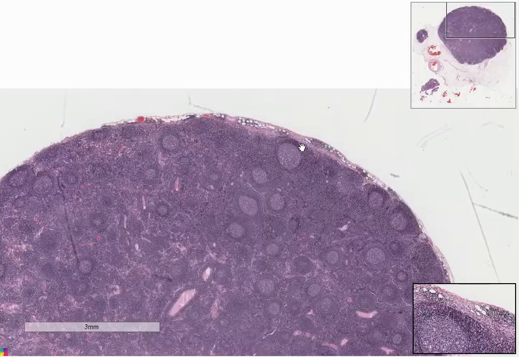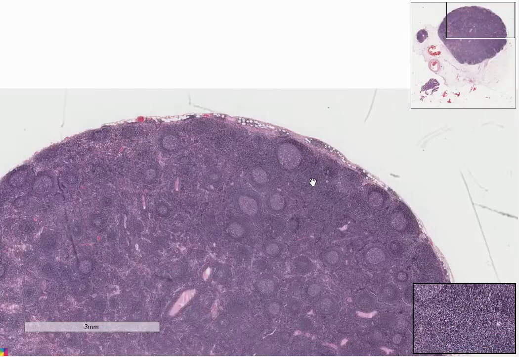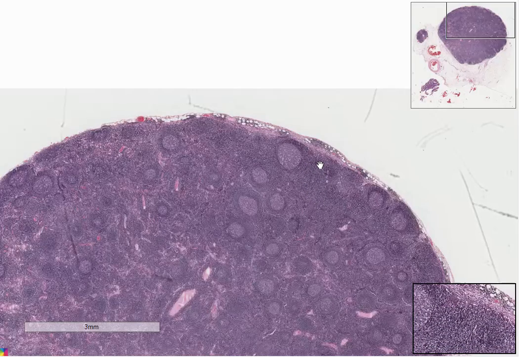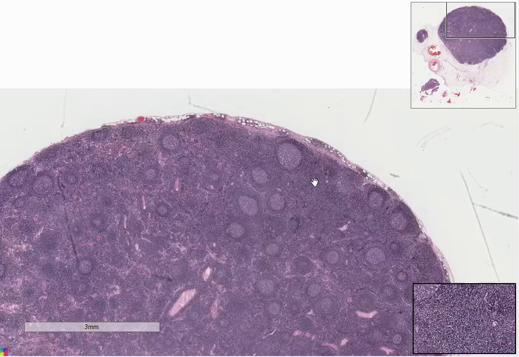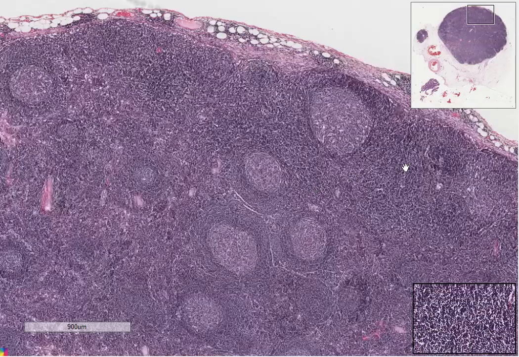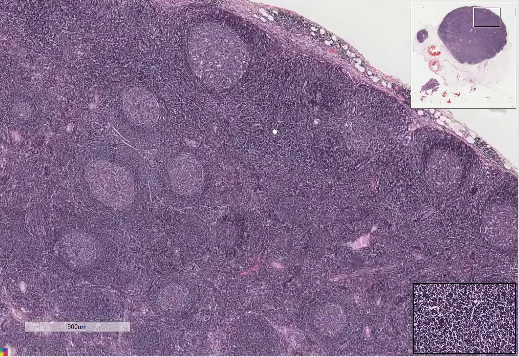And then as we are away from the follicles, we have the parafollicular area, which is filled with much more T lymphocytes. The CD3 lymphocytes, I call them CD3 lymphocytes. The T lymphocytes.